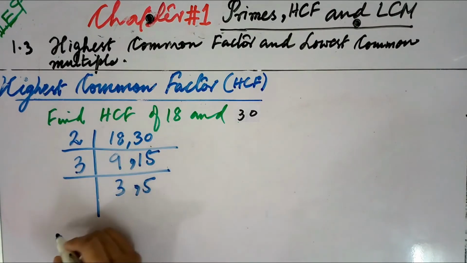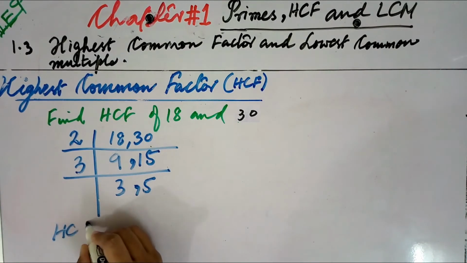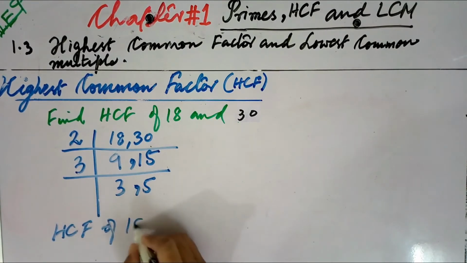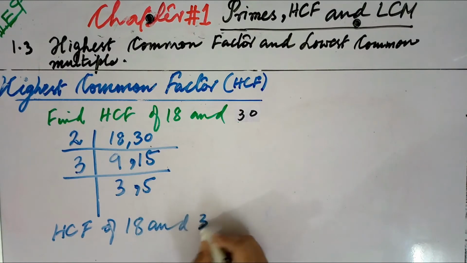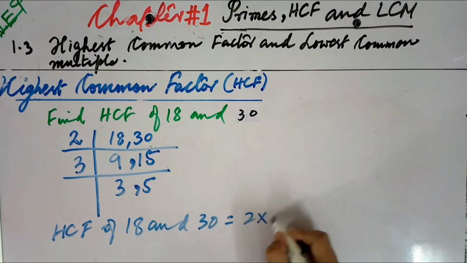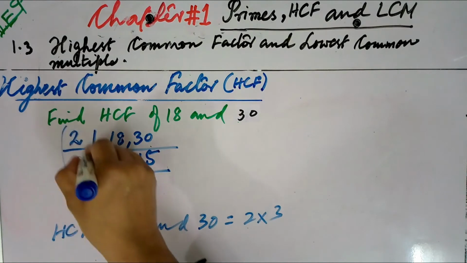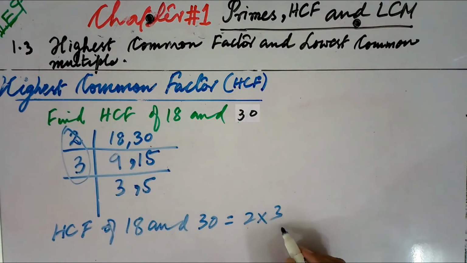Got it? Now HCF of 18 and 30 is equal to 2 multiplied by 3. You can see here, this is 2 multiplied by 3 is equal to 6.